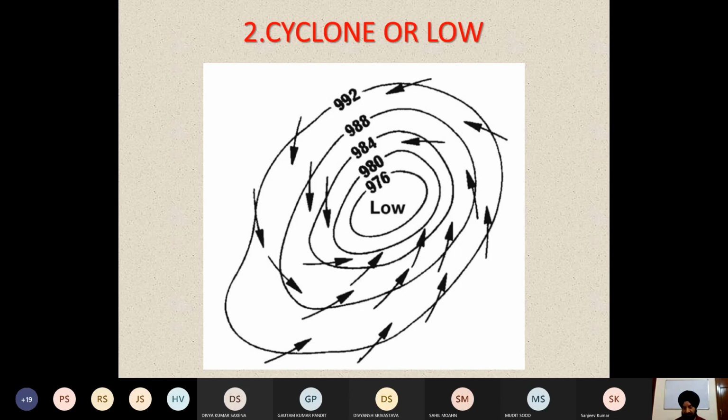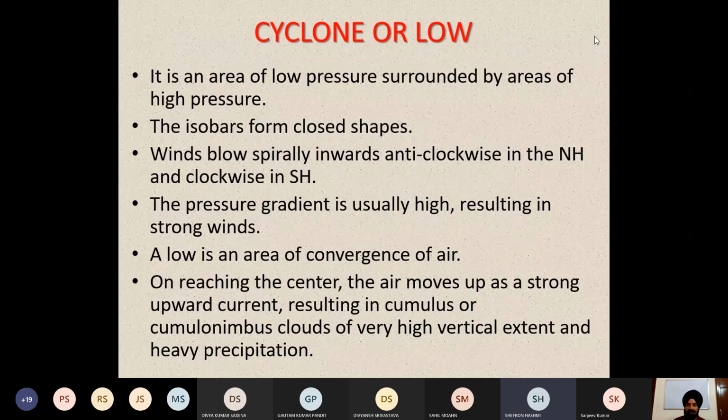Here the isobars are curved, and the wind circulation in the northern hemisphere, I think we have studied well, is in an anti-clockwise direction around the low pressure, and we have also seen why, because of the resultant of the pressure gradient and the Coriolis effect. To write: cyclone or low is an area of low pressure surrounded by an area of high pressure.